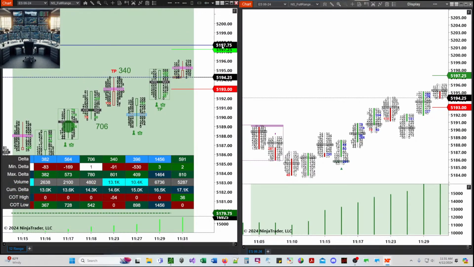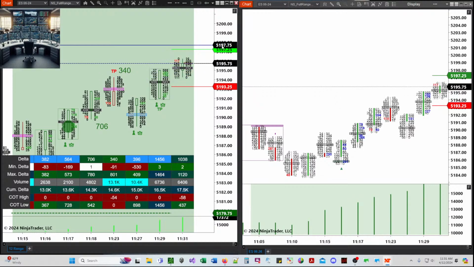Can't run the kiss on top of it though. I tried running the kiss on top of it. Yeah, Morgan, it would look like we pushed right through it.